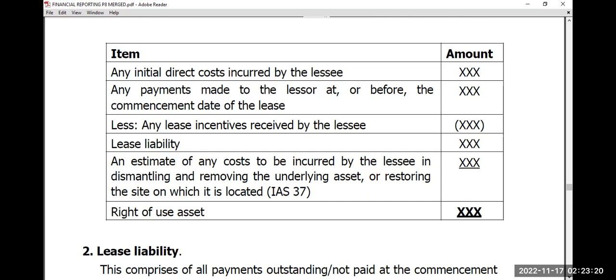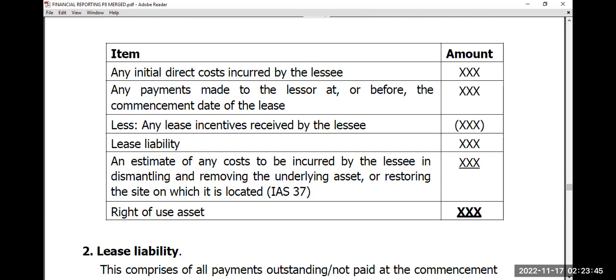So it is one of the direct costs that are attributed to the lease, and they are supposed to be combined so that we can get the cost we have actually incurred to acquire the right of using a given asset.